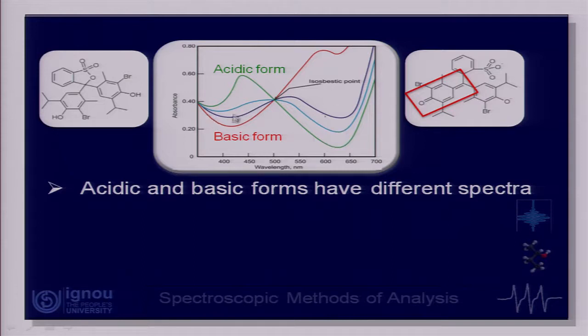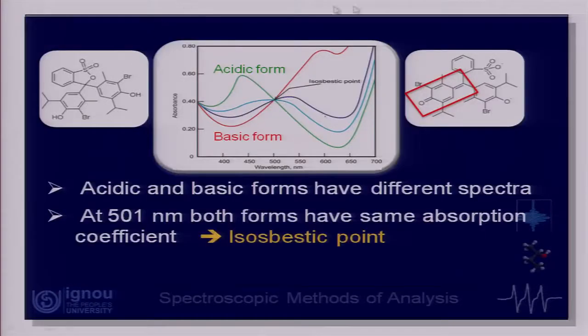So, this goes on decreasing with the increase in the pH, and this band goes on increasing. So, we find that there is a kind of equilibrium between the two forms. In such cases there may be a certain wavelength, say in this case about 501 nanometers.